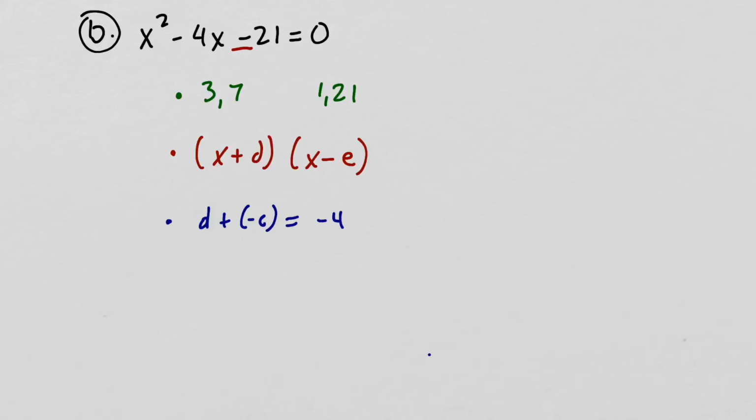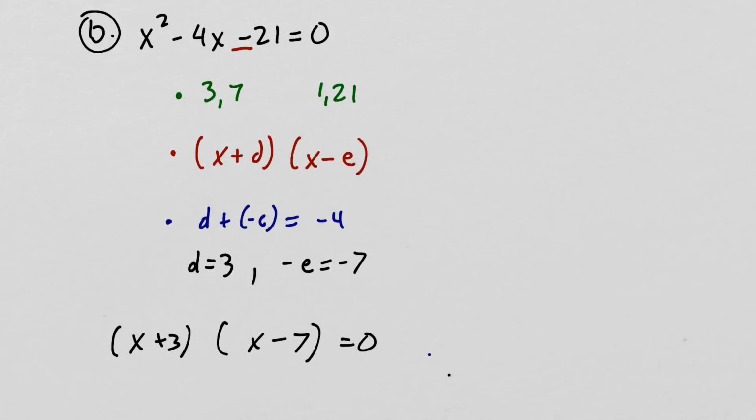Well, this is only going to occur when d is equal to 3 and e is equal to 7. This means that we can factor our polynomial as x plus 3 times x minus 7. The solution to this quadratic equation then is x is equal to negative 3 and x is equal to 7.